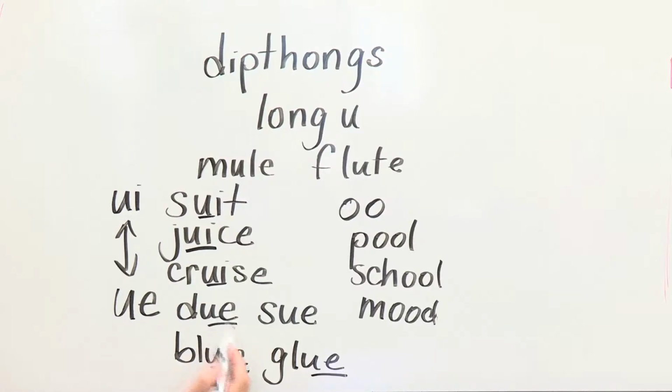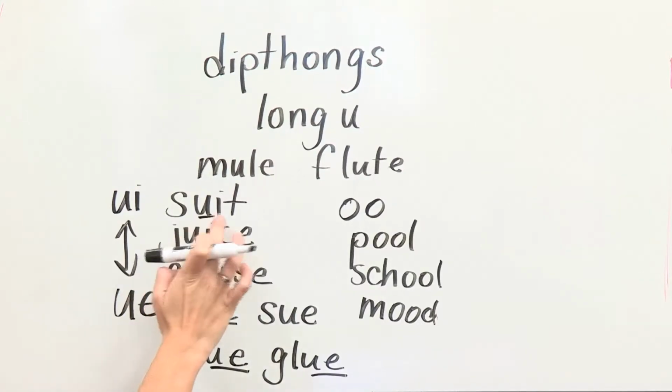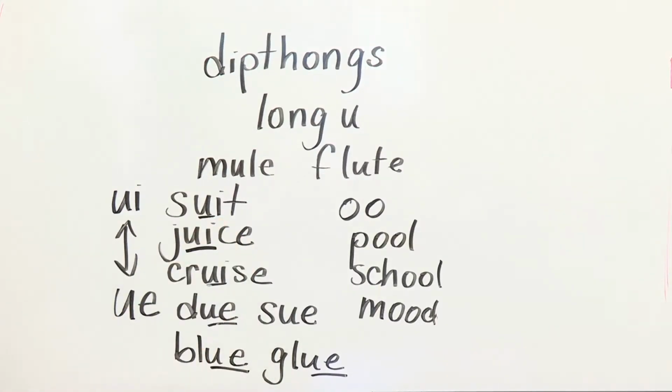If you notice, UE is typically at the very end of words with a long U sound, the end of the syllable: do, blue, glue. So be careful with that. Suit, UI are typically in the middle of the words.